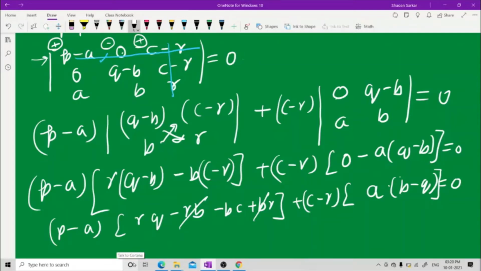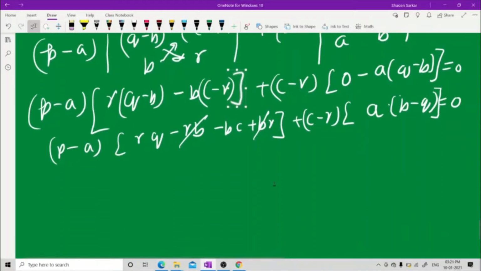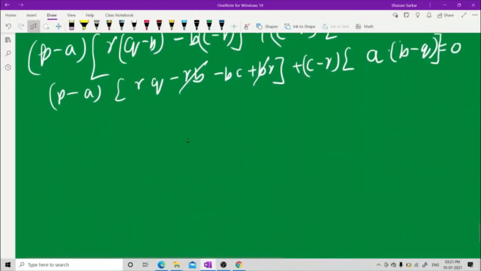Now let me take some more page. Now what you have, in this picture, you have three quantities: P minus A and this R. Here you have to multiply. Or you could have done this also.